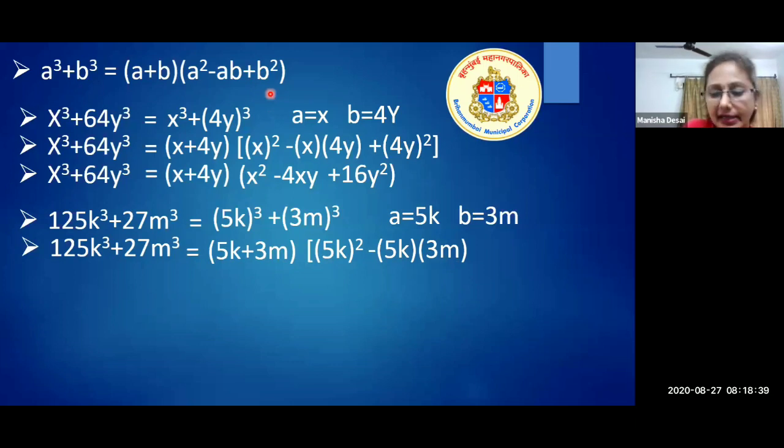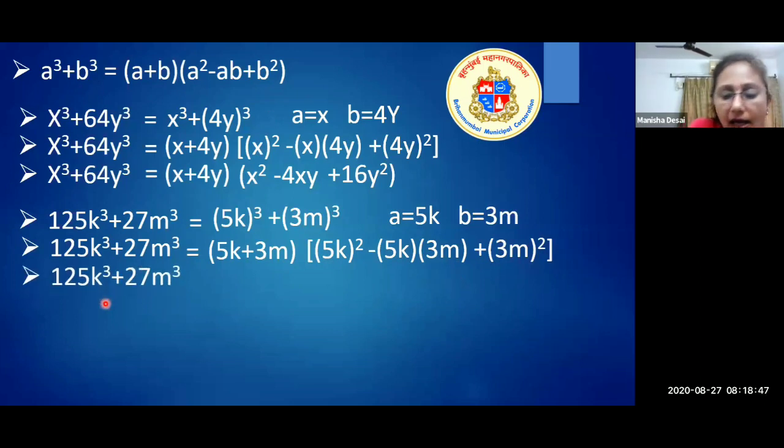Plus b square is plus (3m) the whole square. Okay, now let's calculate all this. This 5k plus 3m, we have to copy it as it is. Then (5k) the whole square.